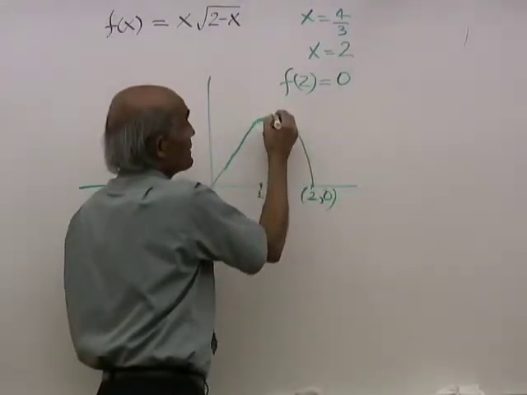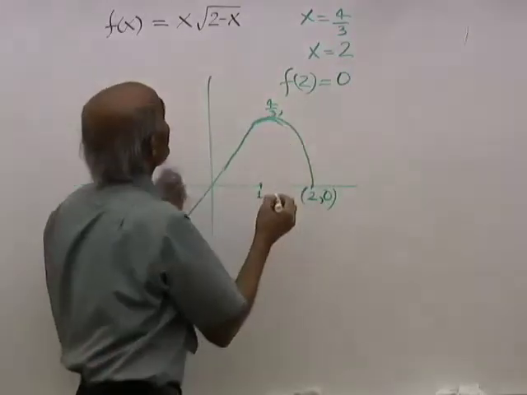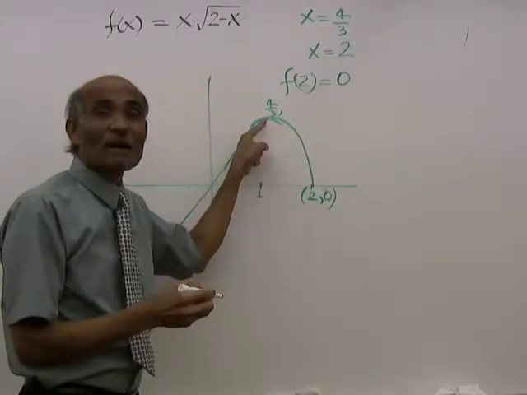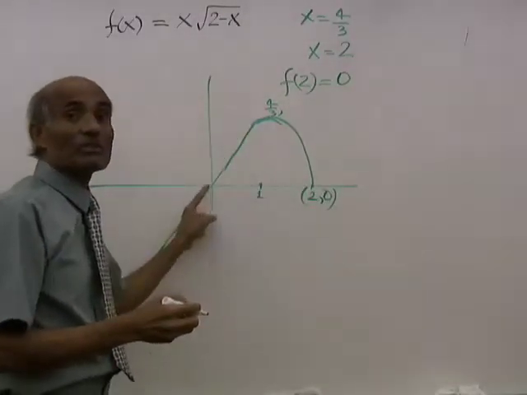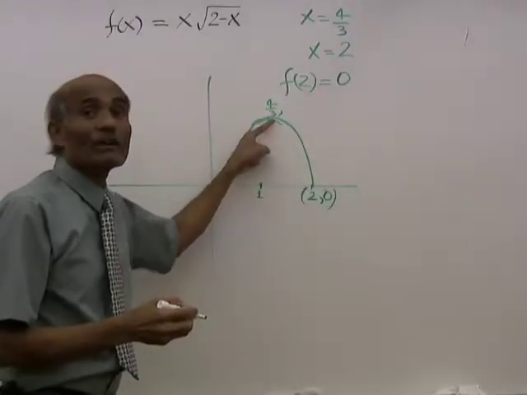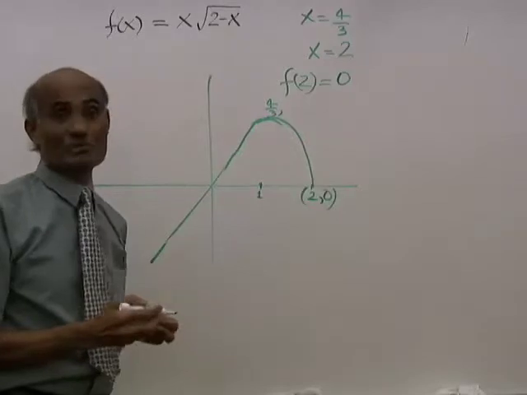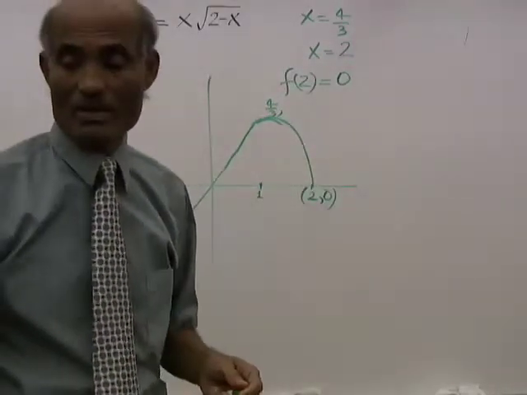And this is x equal to 4/3, and whatever value you get there will be a relative maximum. The function increases from negative infinity to 4/3 and decreases from 4/3 to 2. All right, I hope you got the graph on your calculator.